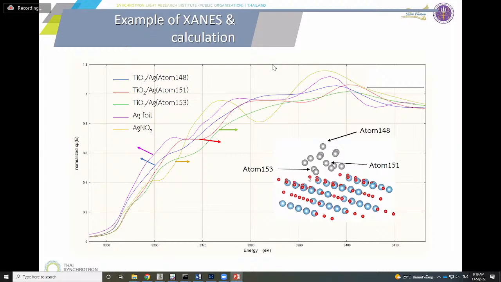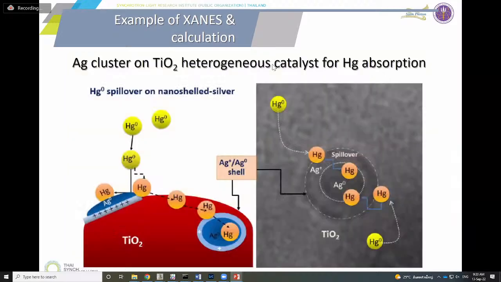And then it gives virtually a dipole of these atoms. That's why when you try to detect the silver in the smaller cluster, you can see more charge effect. The silver is going to be clearer as 1+, while the silver on the top is silver 0. So by simulations, we can solve it.